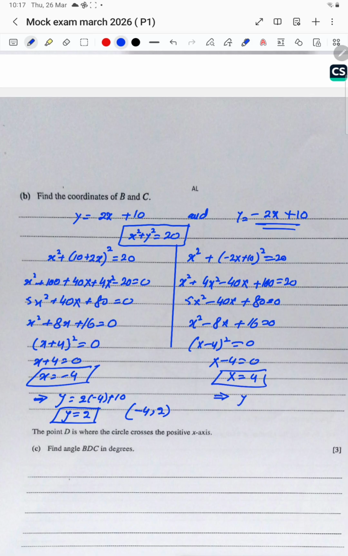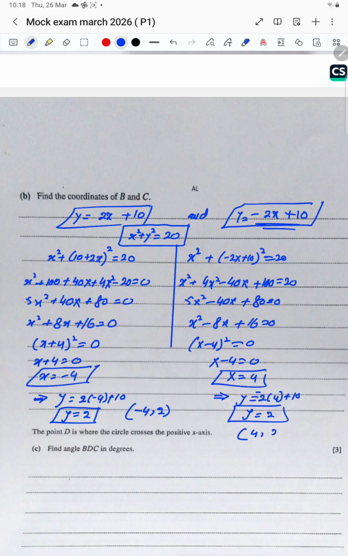So y will be, 2 times 4 plus 10, or this minus 2 times 4. So minus 8 plus 10 is 2. So the other coordinates are 4 and 2.